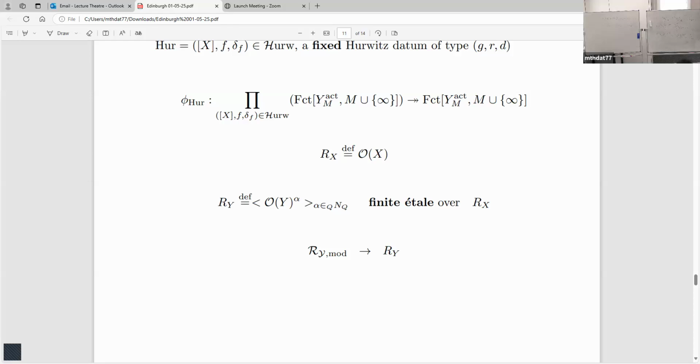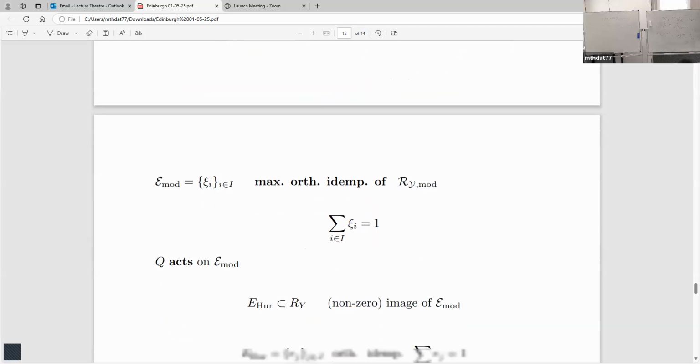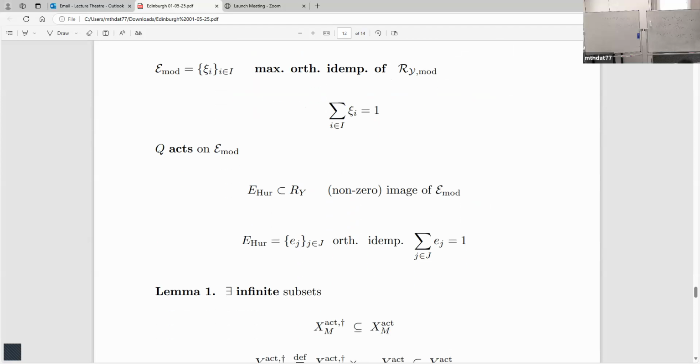And we map the idempotents here to the idempotents here, and we study the idempotents of Ry. So we take a maximal set of idempotents of Ry mod, and Q acts on these idempotents, and we map them now to Ry. So these are the non-zero images of the idempotents of Ry mod inside this Ry, and this is the result that was mentioned by Mochizuki.